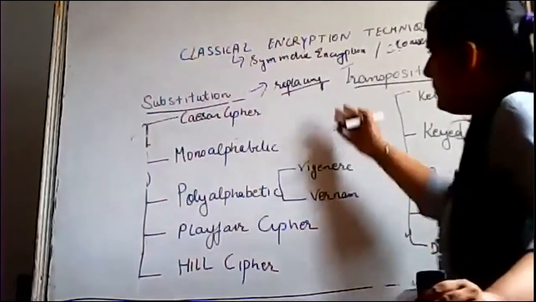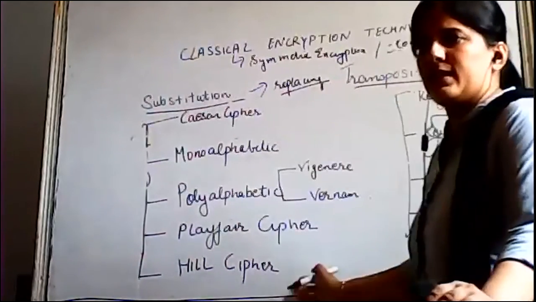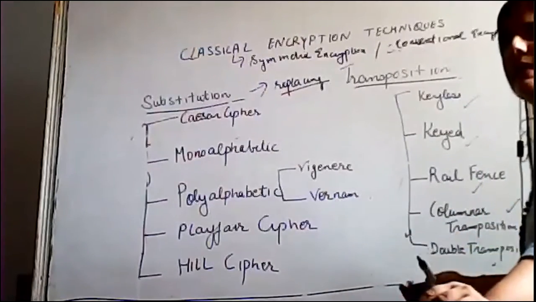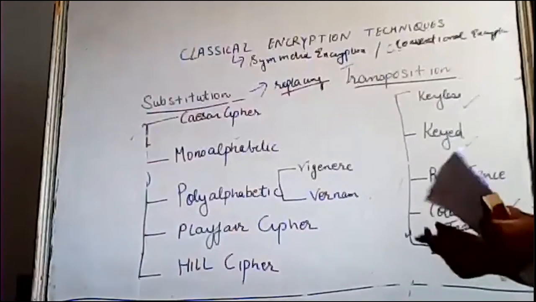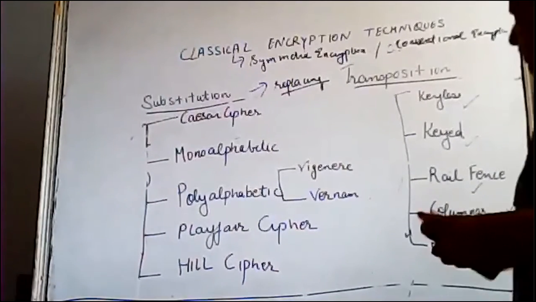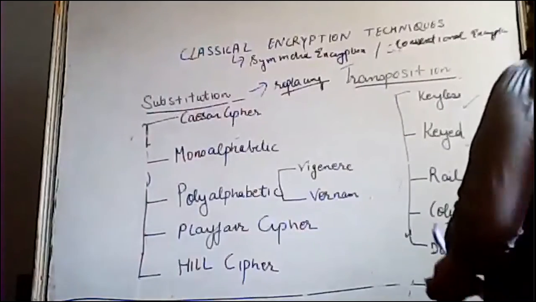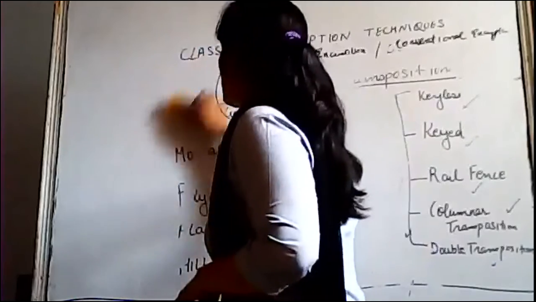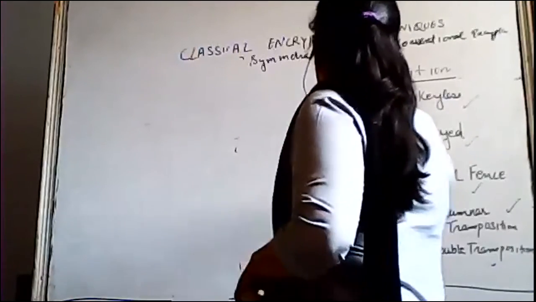I will try to implement all these substitution techniques in today's lecture, and these transposition techniques we will do in the next lecture. So shall I start? Raise your hand if you are comfortable with that. I will start with the substitution techniques in this particular lecture.